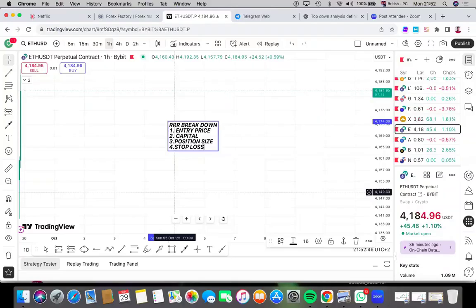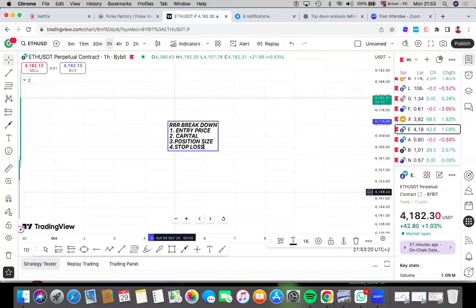The best definition for that is an order to close a losing position to prevent further losses. That's the definition for stop loss. It's where you are done, you say I don't want to have more losses anymore. That would be our stop loss.